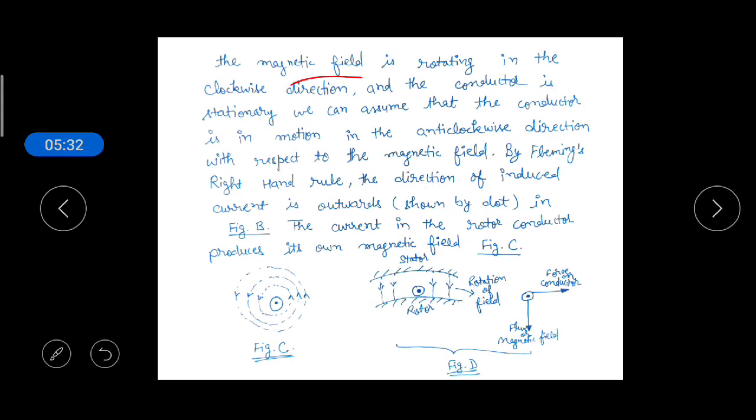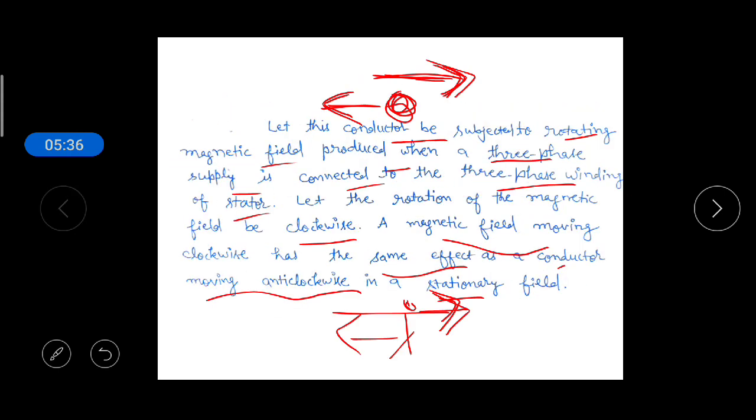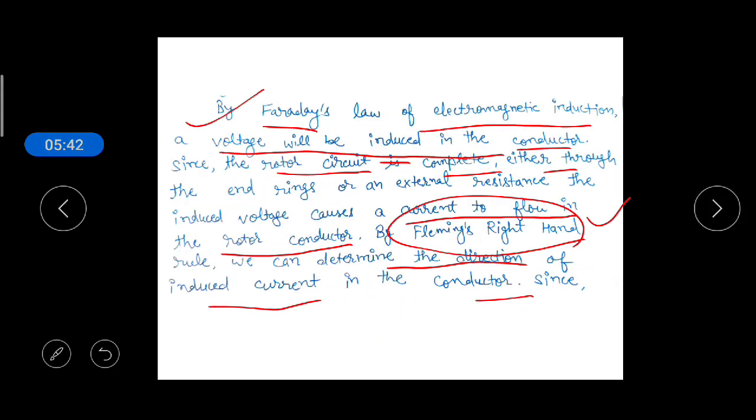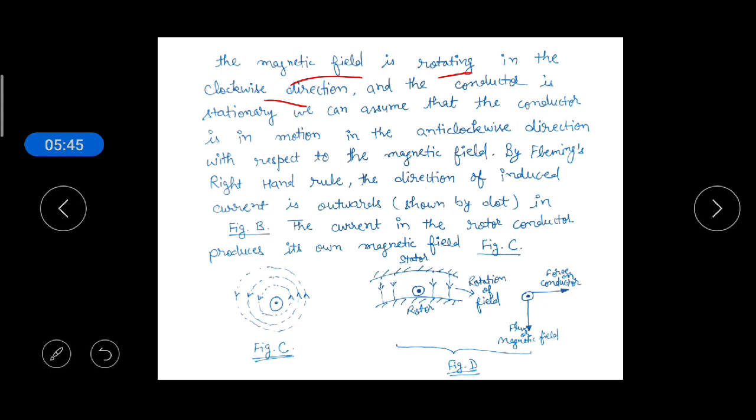Since the magnetic field is rotating in the clockwise direction, as we have discussed here, this is the direction of your magnetic field, clockwise. The magnetic field is rotating in the clockwise direction and the conductor is stationary. We can assume that the conductor is in motion in the anti-clockwise direction with respect to the magnetic field.